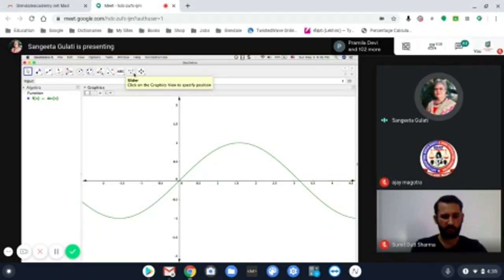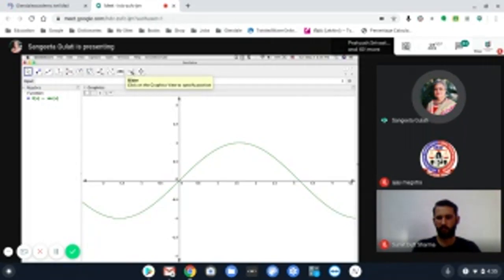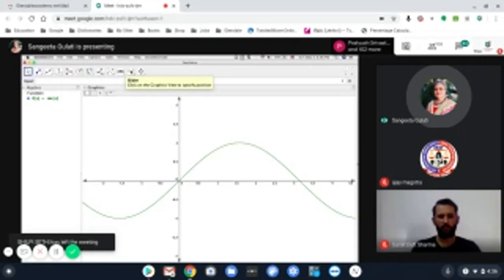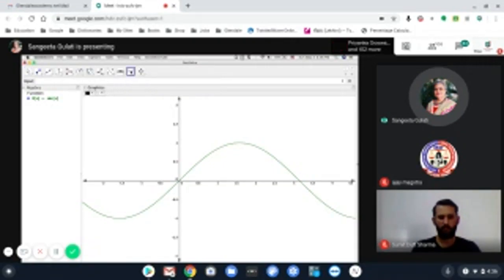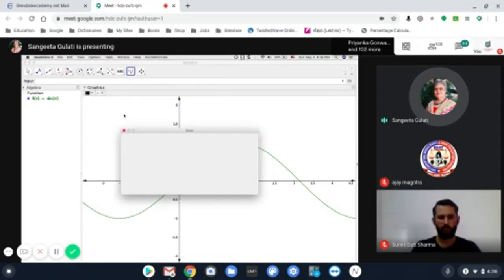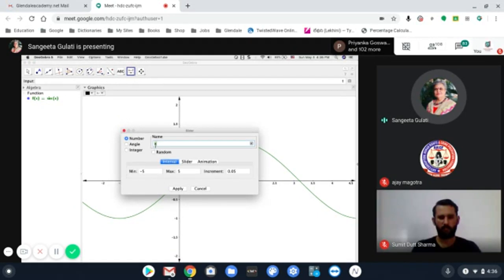But before that, something which will bring this whole maths to life is present also in the slider. So I want to introduce you to the slider. If I click on slider here and I click here, it starts with the name a, taking values from -5 to 5 with an increment of 0.05.